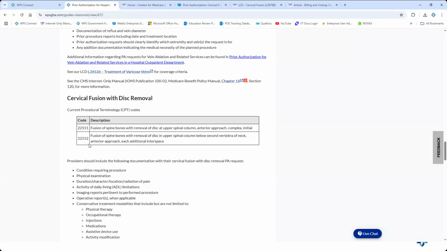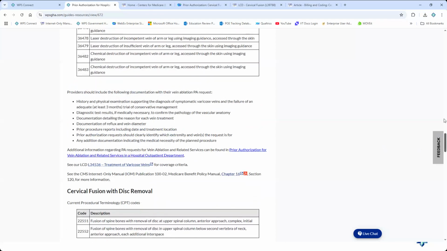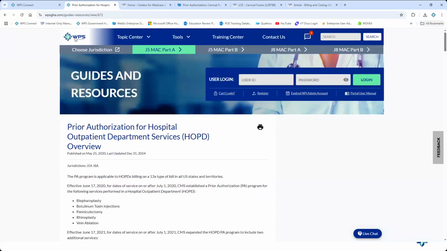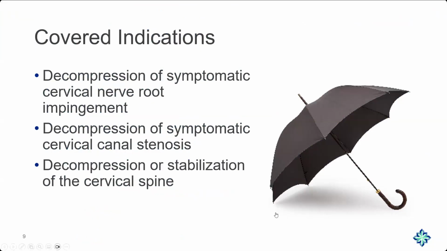And that's pertinent to either of these two codes. So a little bit of navigation information, tucked right into the middle of our event here today. But I think it's very important for you to know this information.